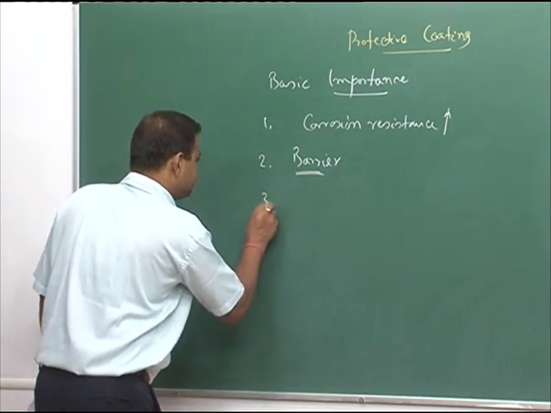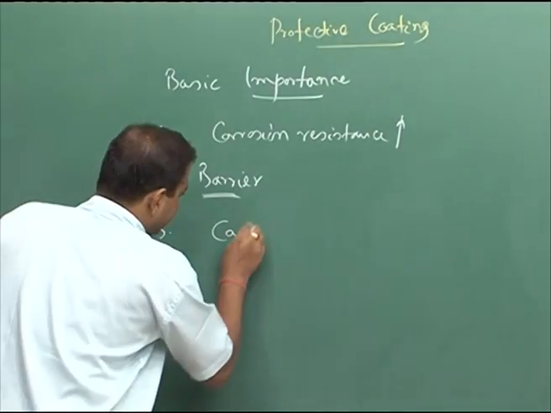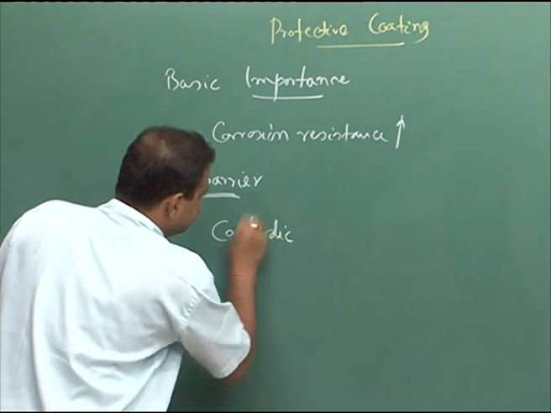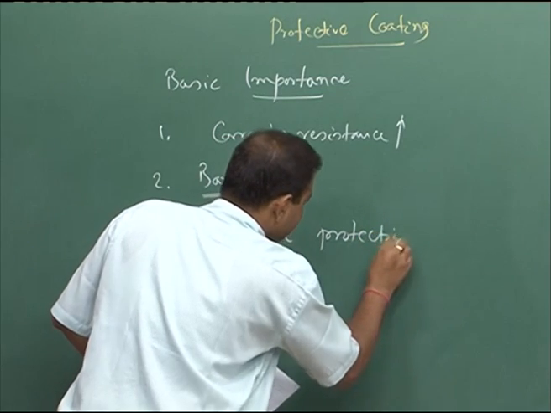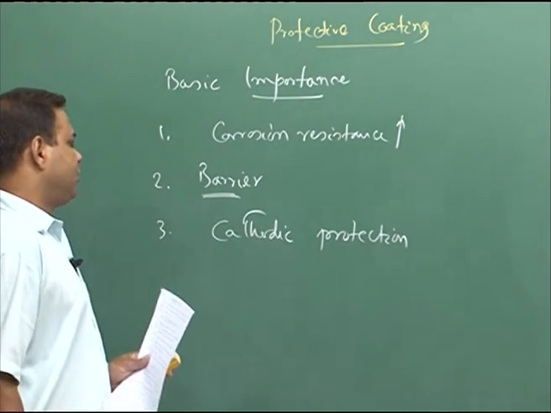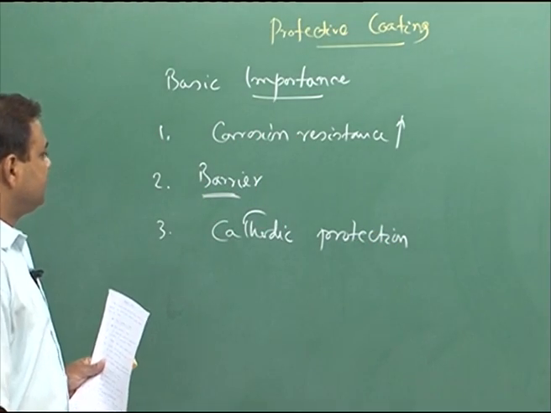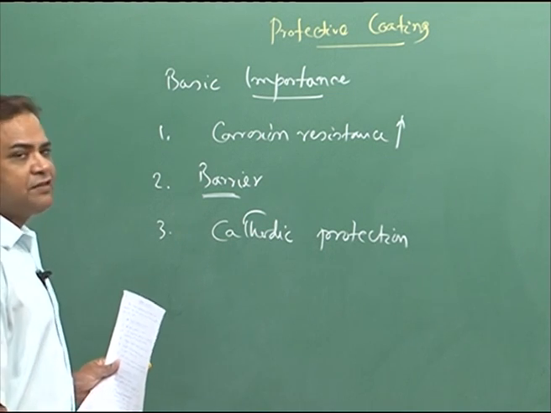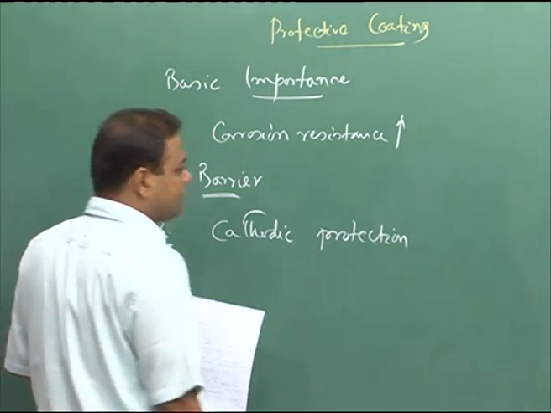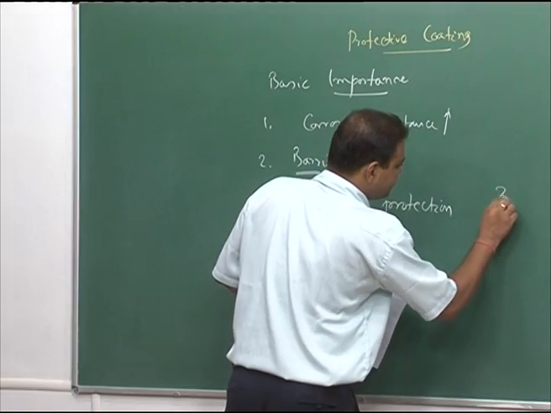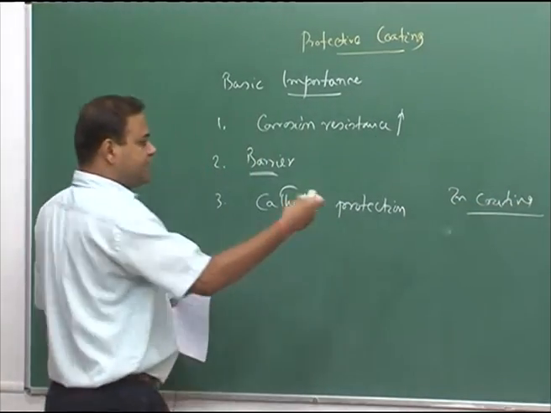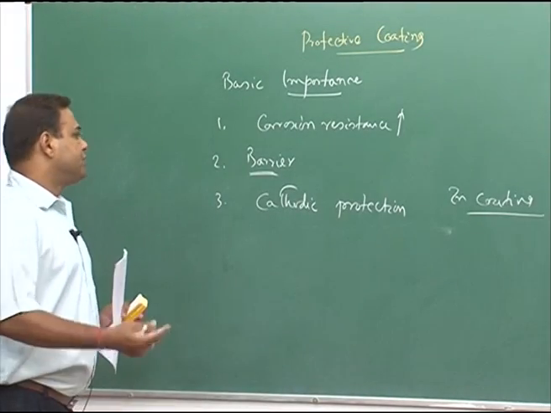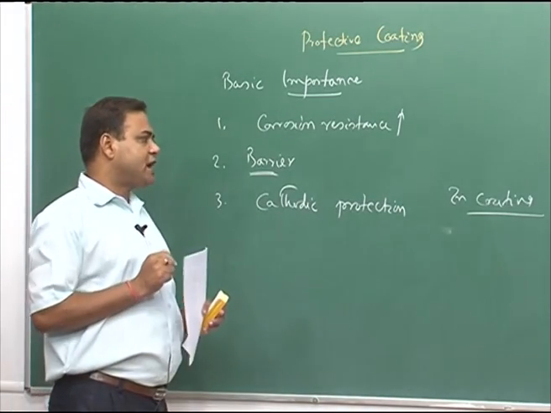So, the barrier type; third, it can be cathodic protection. One very important example is the sacrificial anode, which is galvanized iron, zinc coating. Actually, the zinc dissolves, and on the way it protects the metal surface, iron.